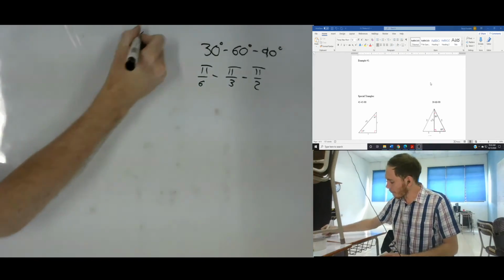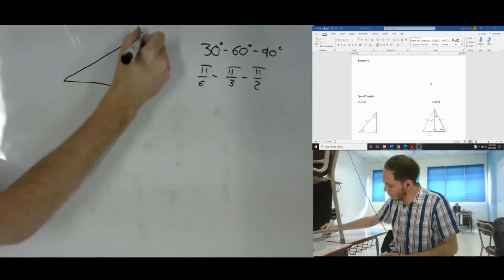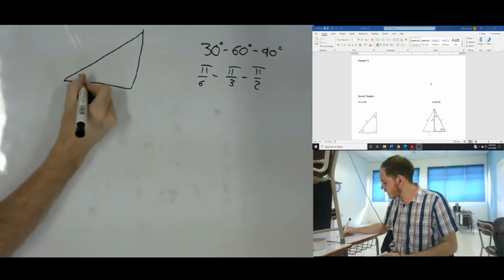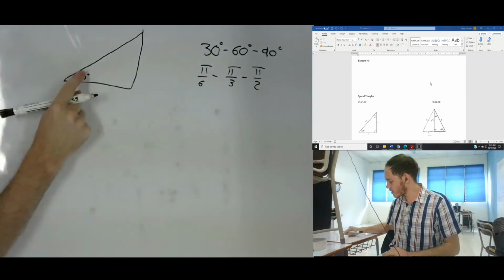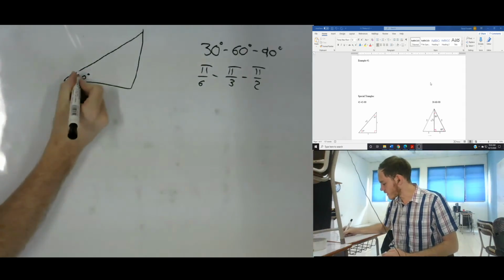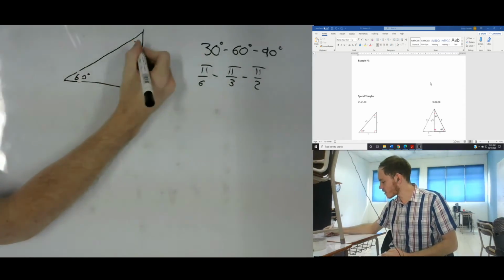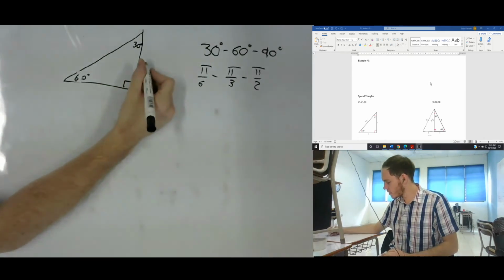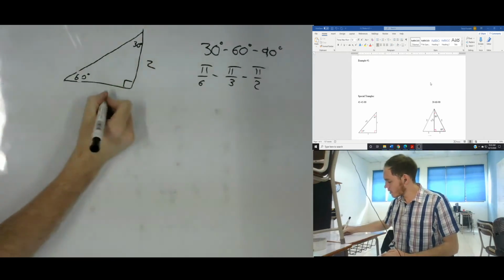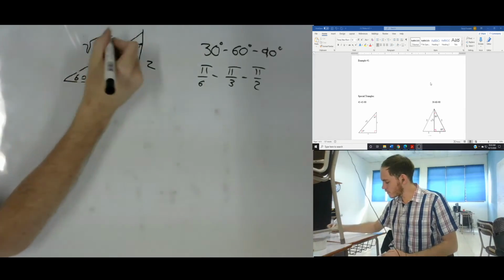So, we get 30 degrees. Okay, they do 60 degrees on base. It's okay if it doesn't look accurate. It's just a diagram. Okay, so this is 2, this is 1, this is root 3.